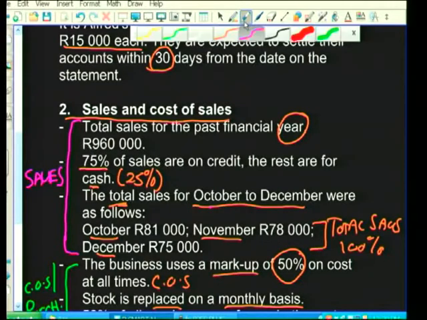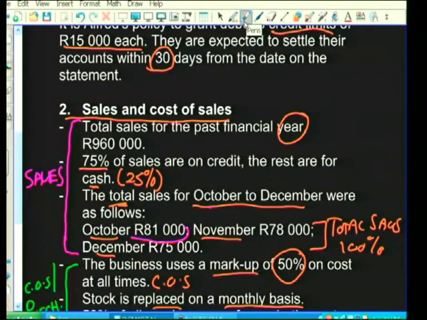And remember, guys, I want the credit sales for the month of October. Now my total sales is 81,000. Okay, so let's now write that down. Guys, I'm going to use this space here to write this down. So we've got 81,000, which is my total sales.